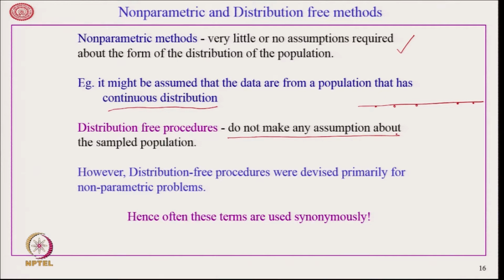However, distribution free procedures were devised primarily for non-parametric problems. Therefore, often these two terms are used synonymously, but for this class we shall stick to non-parametric methods, and we are not going to call them distribution free methods, which you may often find in some literature.